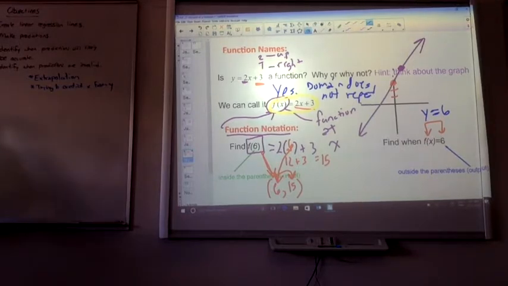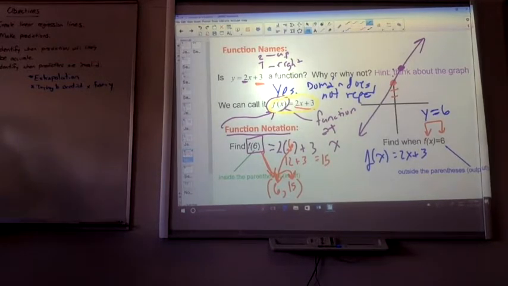So here, I'm going to take our original problem, which was this, f at x equals 2x plus 3. What part of that would be y in our equation? What part of this equation right here is y? F at x. Okay, so what am I plugging in for y? What am I plugging in for y on here? 6.